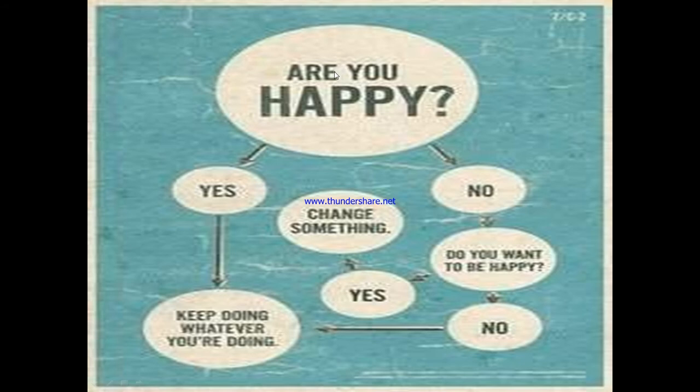Like this: are you happy? We have two answers, yes or no. If yes, keep doing whatever you are doing. If no, do you want to be happy? Yes or no. If no, keep doing whatever you are doing. Or if yes, change some things.